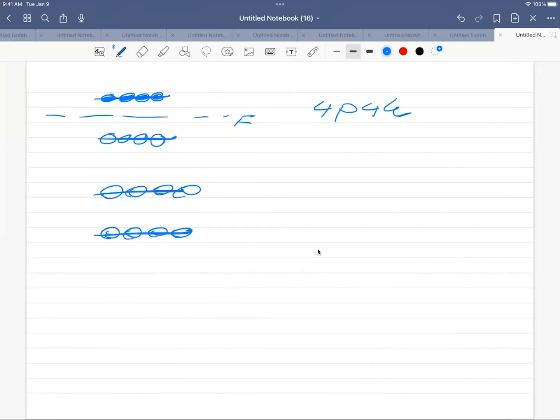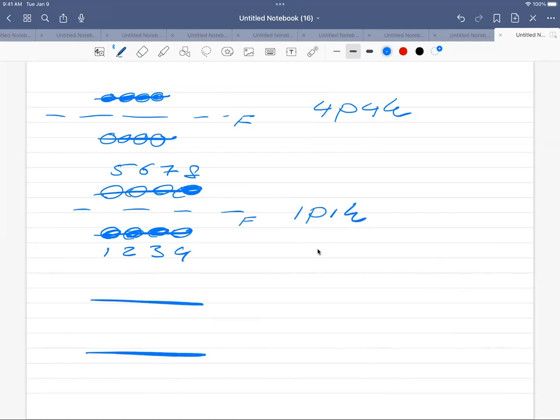So we could now think of us having a 1 particle, 1 hole excitation, 1, 2, 3, 4, and then we promote this one to the state 5, 6, 7, 8. So this would be a 1 particle, 1 hole excitation. And then we can have a 2 particle, 2 hole excitation.